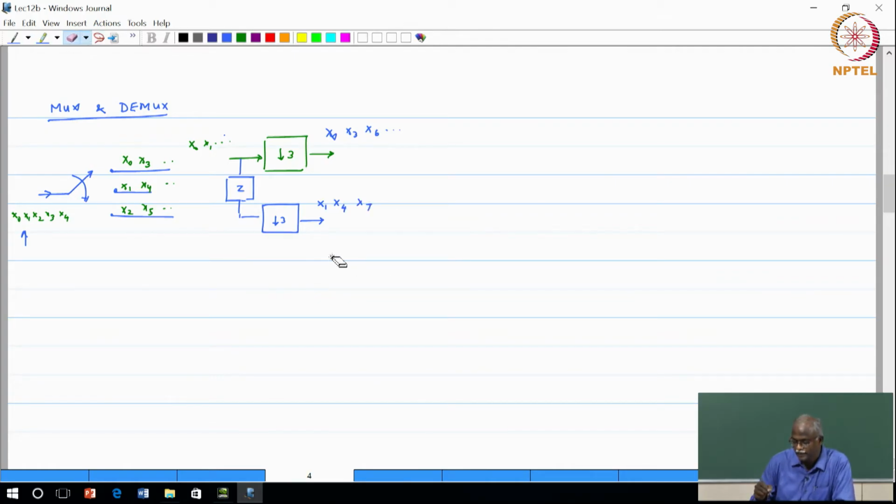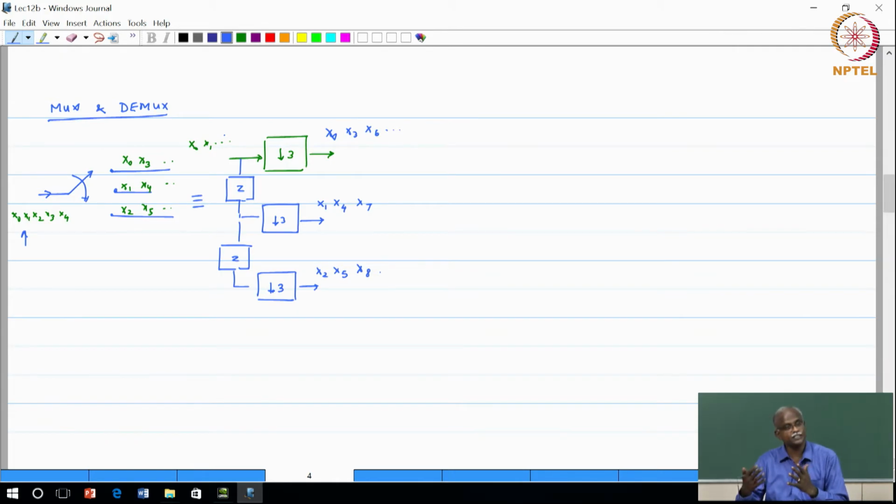So, it is not a delay element, but actually an advance element. Likewise, one more block will give you the third demultiplexer branch, which would be x2, x5, x8 and so on. So, these are equivalent blocks: a 1:3 demultiplexer is the same as this multirate structure.